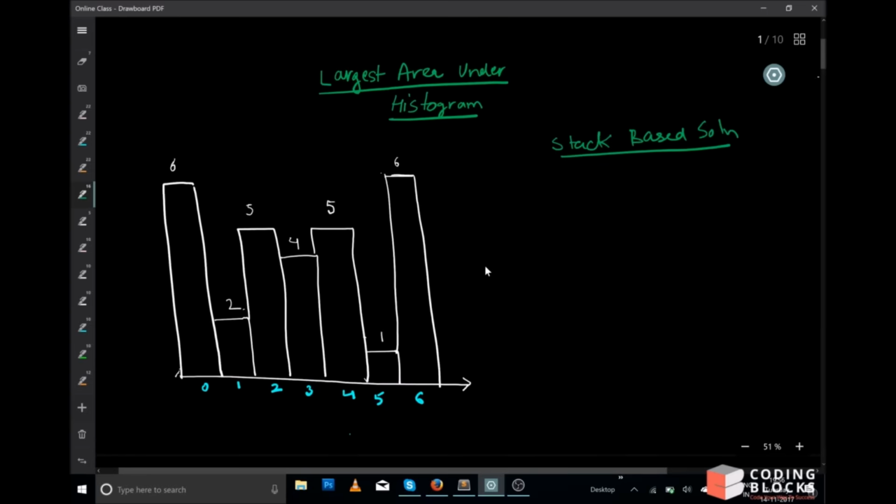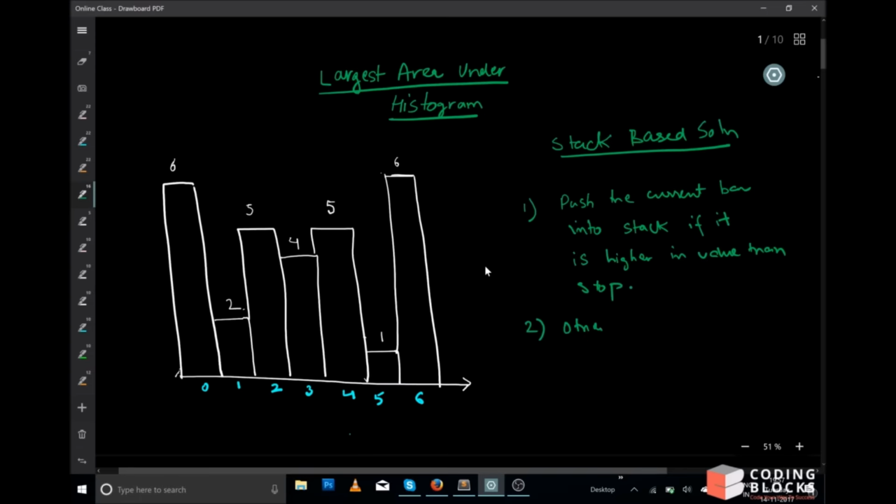So clearly we will maintain one stack, and we will push the current bar into the stack if it is higher in value than the stack top, right?